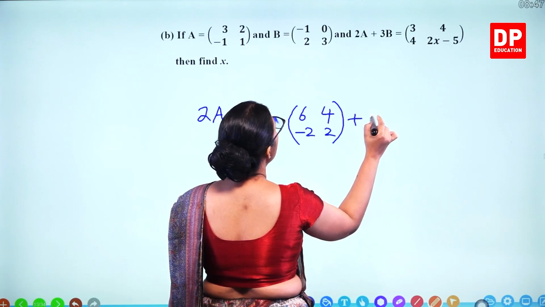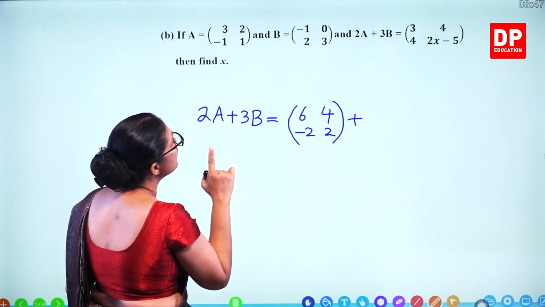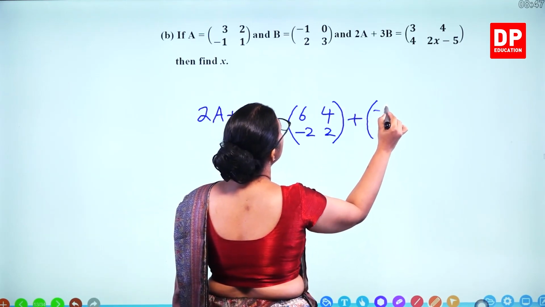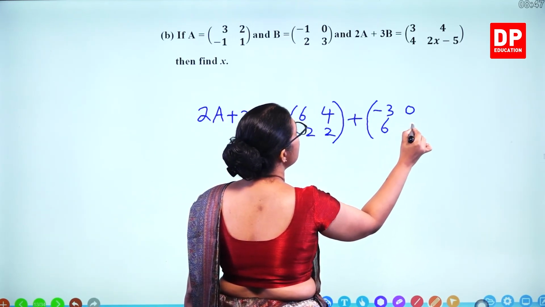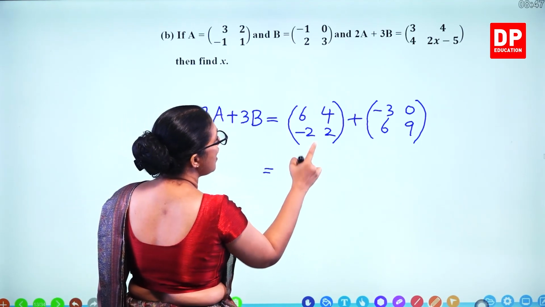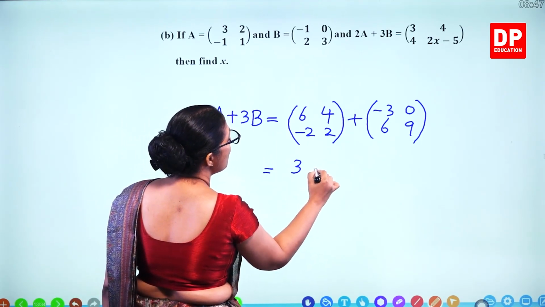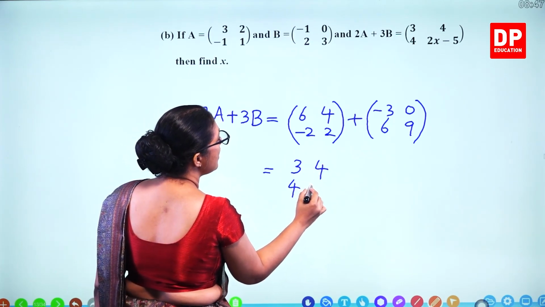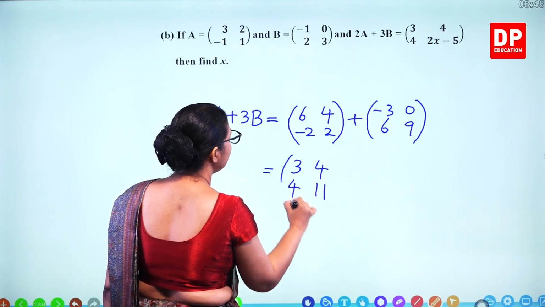Plus 3B, multiply everything by 3: minus 3, 0, 6 and 9. Now we'll add it. 6 minus 3, 3. 4 minus 2... and 6, 4 and 9 plus 2, 11.